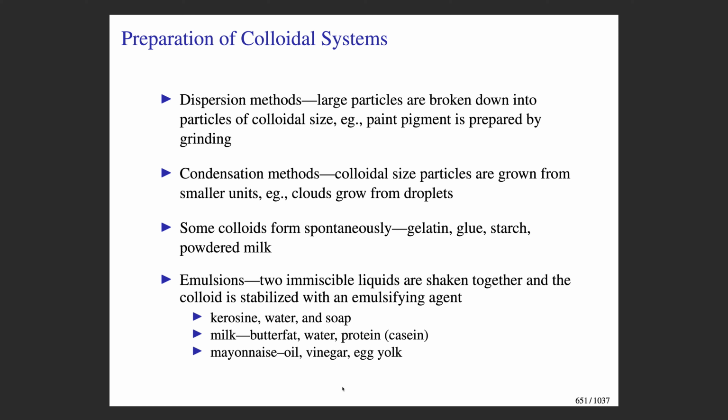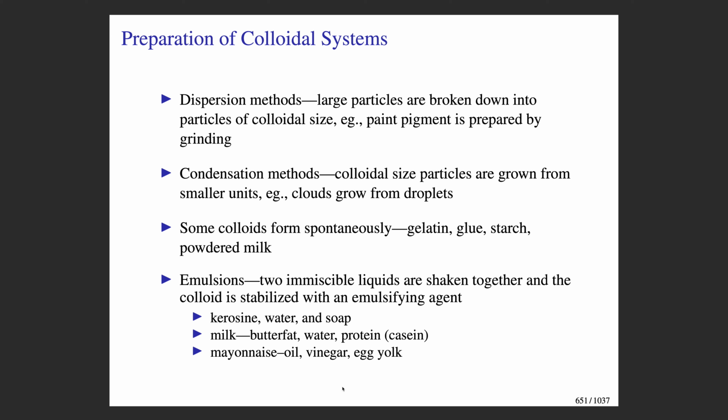Kerosene and water, for example, are two immiscible liquids. However, if you use some soap in that mixture and shake it up, you can get the kerosene and the water to form a stable emulsion. Milk is an example where the butterfat normally would not want to be dissolved in the water.